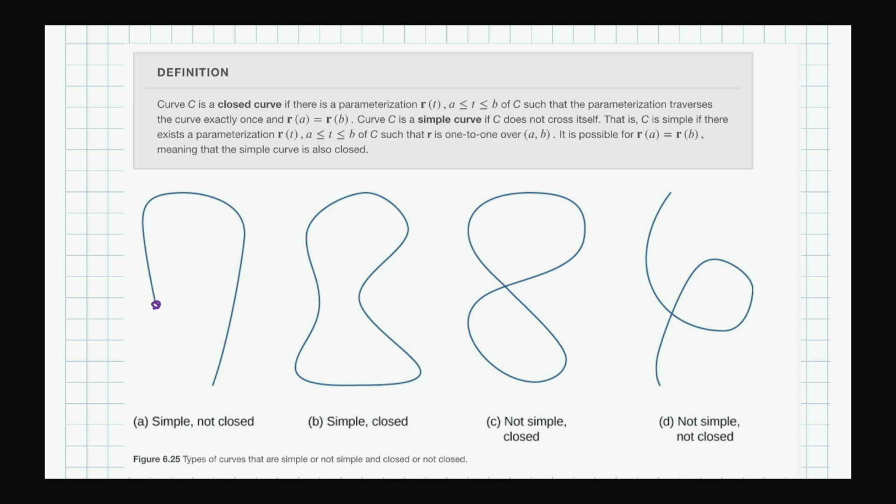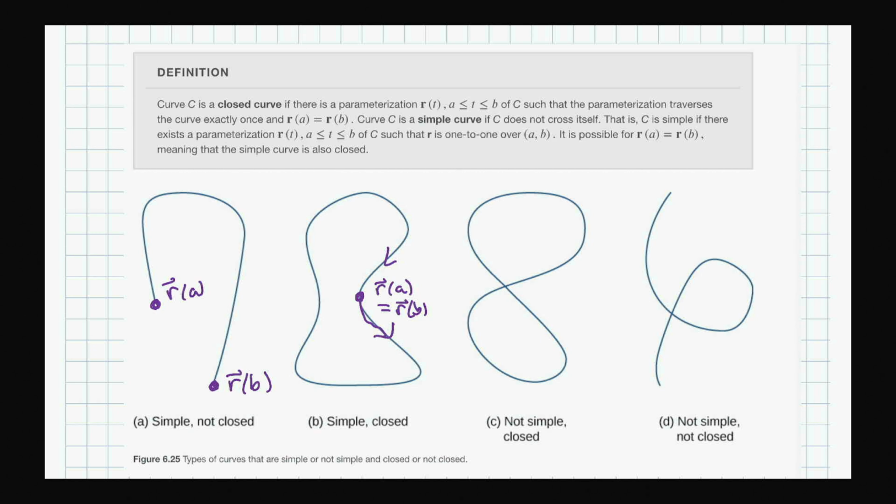The idea is this: you start somewhere, that's r(a), you end somewhere, that's r(b), and if you have a closed curve, you can actually make those the same place, right? Because if you head off in one direction, you're going to eventually come back around and end up at the same place. So that's what closed means.